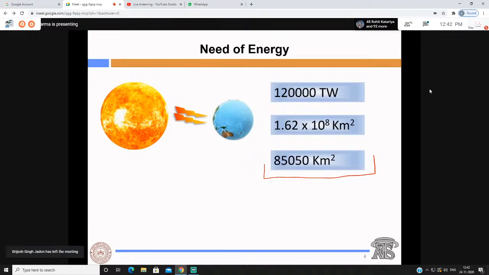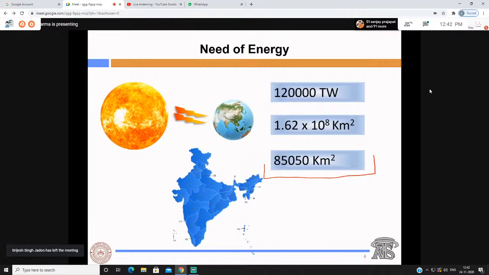And what is this area? If we physically want to understand how much this area actually is, this is the map of the Indian continent, where you see that 85,000 is only one fourth of the area of Rajasthan, or one third of the MP area.